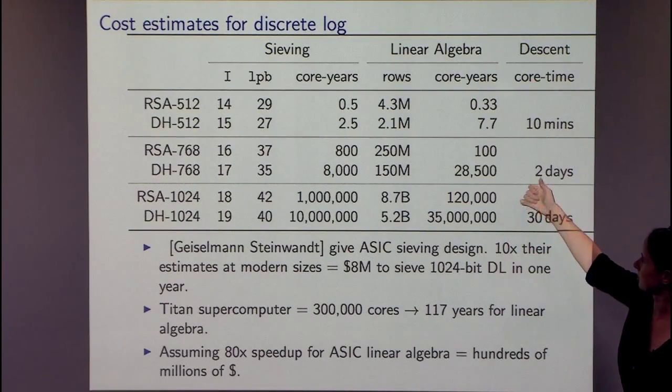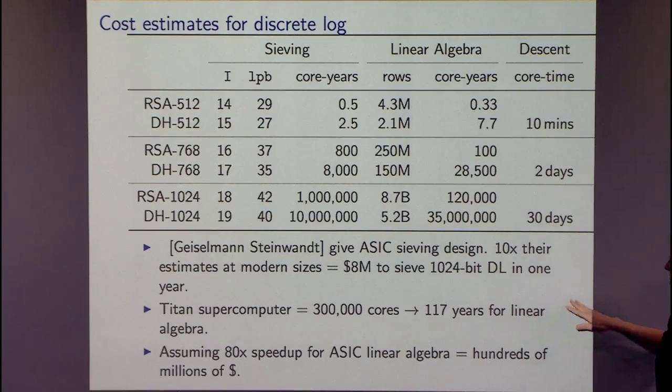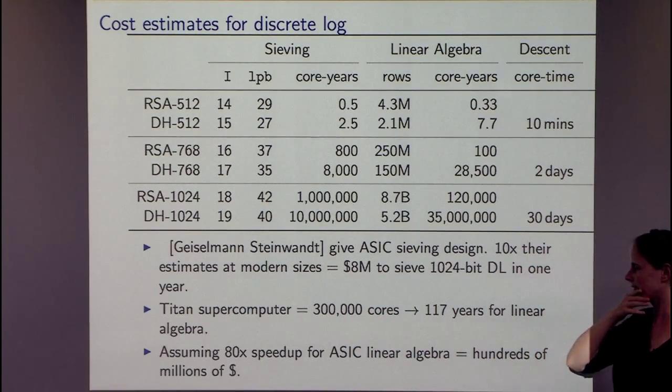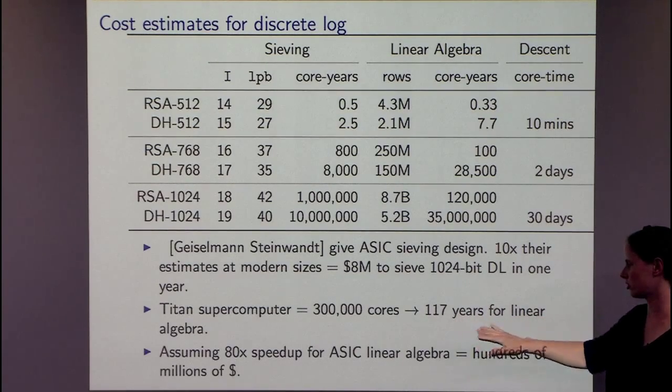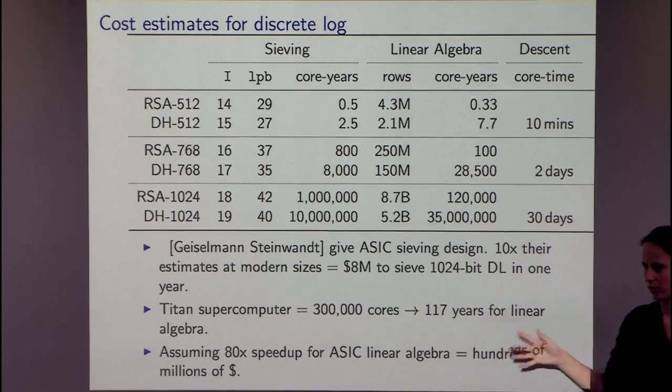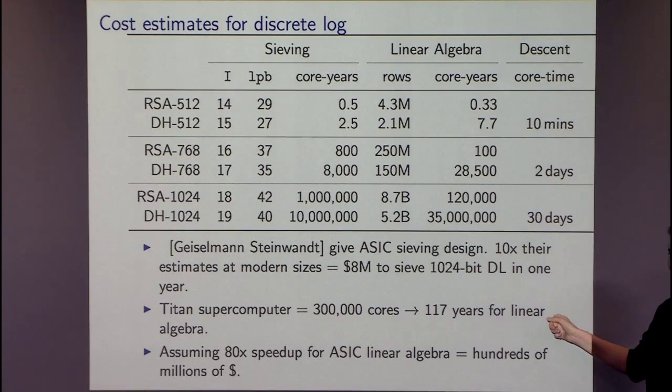But there's a problem with the linear algebra step. If you take the largest supercomputer purchased by the NSA, which has 300,000 cores, the linear algebra step would take 117 years. So this is clearly not quite feasible, but it is within a constant factor of feasible, which is what should worry everybody.